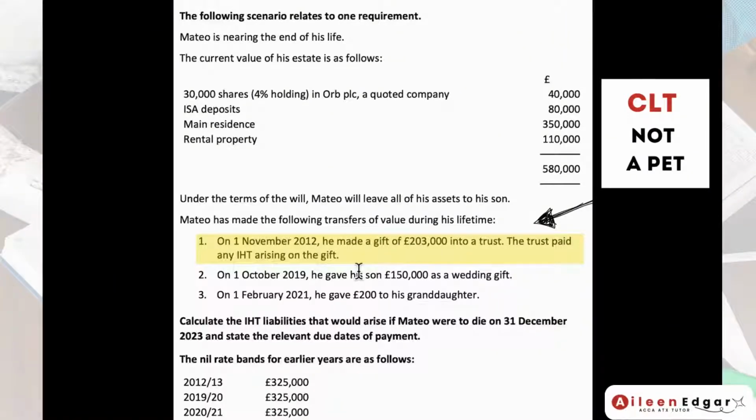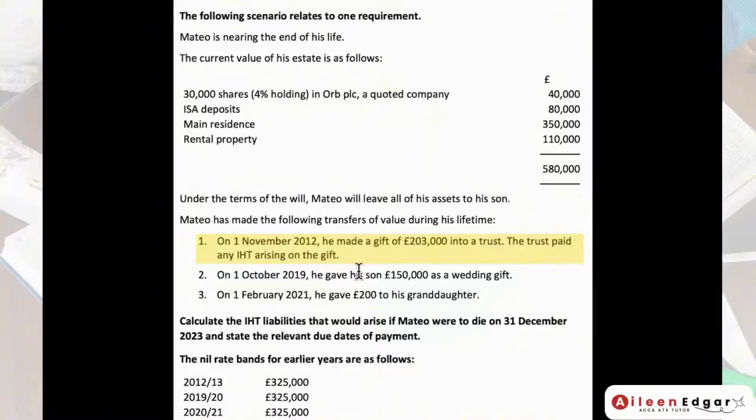Anything left to a trust is a chargeable lifetime transfer for your exams. And therefore anything else is going to be a PET. This isn't. This is a CLT. And that means that there may well be some tax to pay during lifetime. We're told the trust paid any inheritance tax on that gift. So who's the trust? Is the trust the donor or the donee in this situation?